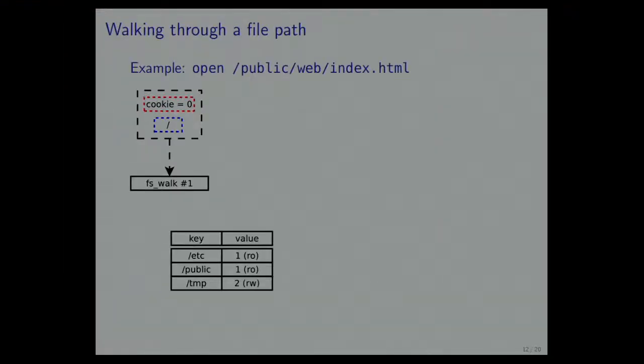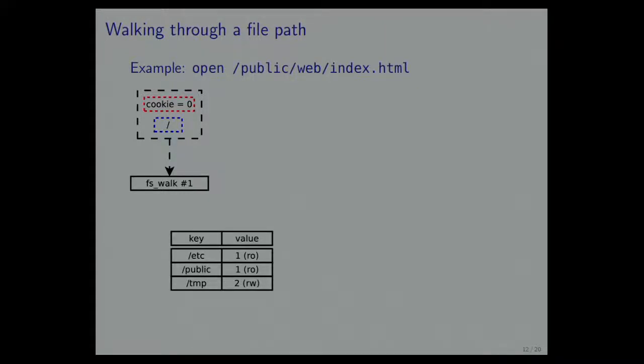In this example, let's say we are in a container running a web server, and the web server wants to access a file which is /public/web/index.html. So the first execution of the fswalk program will be to allow or deny access to the first element of this path, which is the slash, the root of the file system.